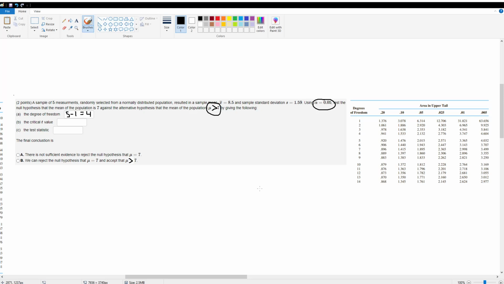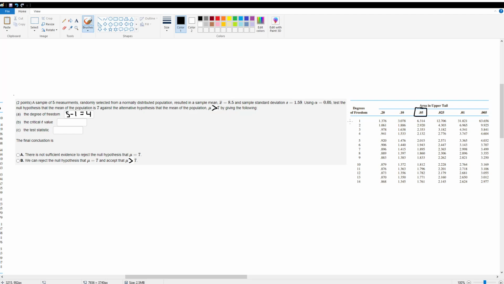Secondly, because it's a one-tailed test, as exemplified by the fact that we're only on this tail, we are not going to be dividing anything by 2 here, meaning this value of alpha of 0.05 will have all of our area in the upper tail. So we're going to look for 0.05 in this third column, just like with Unit 3, but with no dividing by 2.